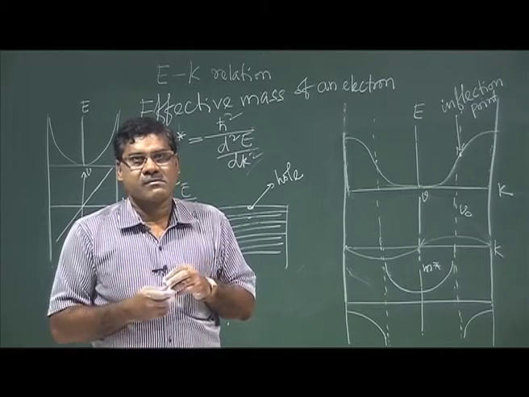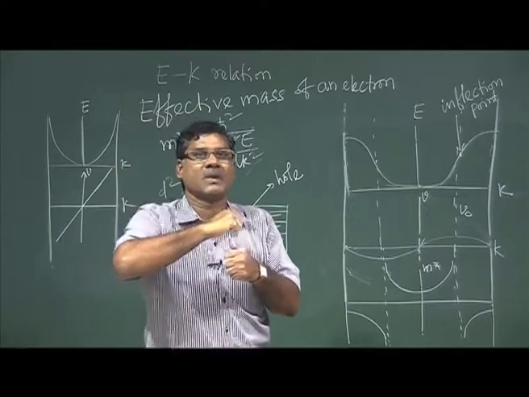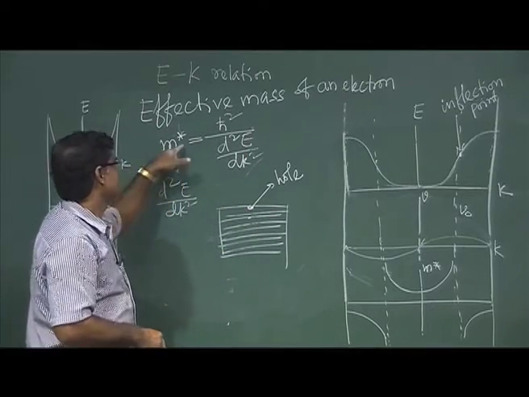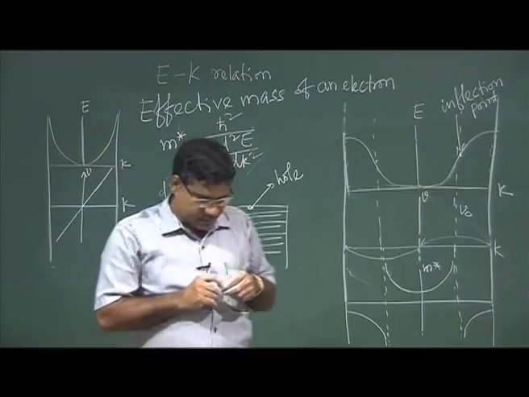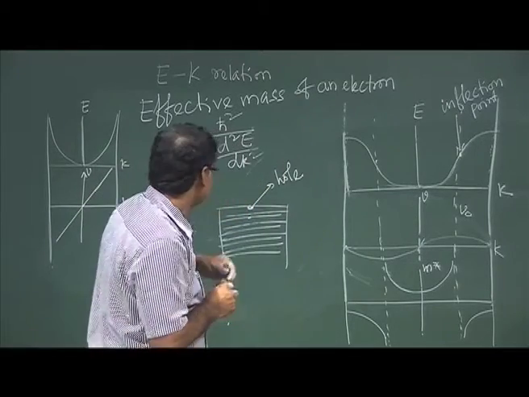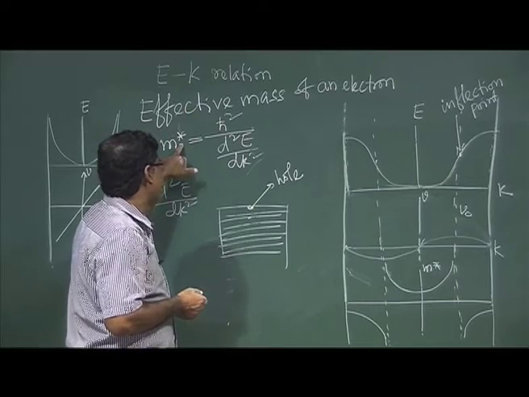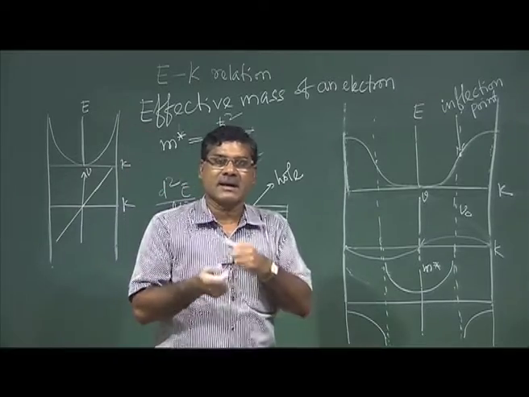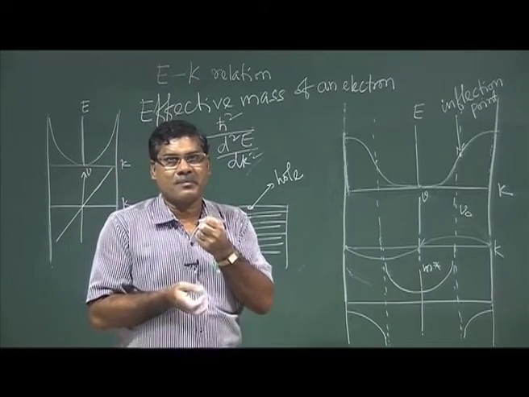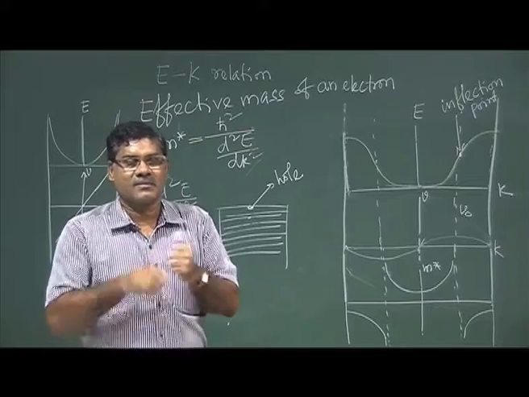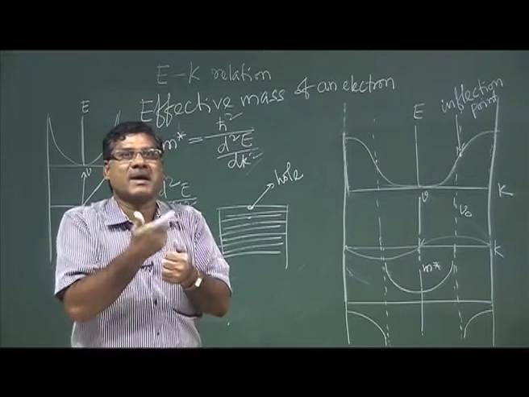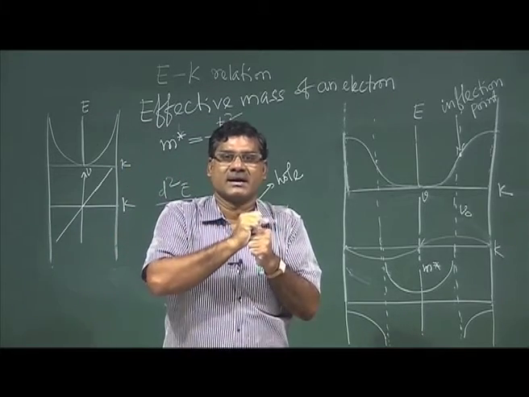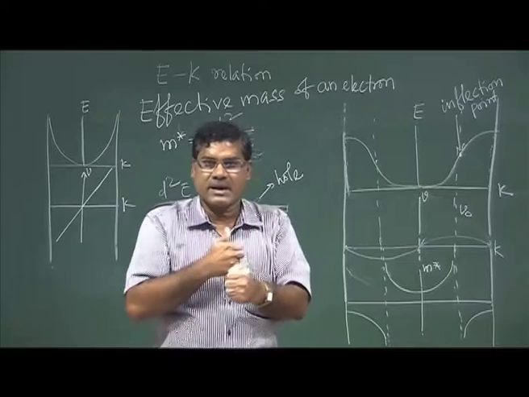Then the acceleration can also be in the opposite direction, because force is ma. If the mass suddenly becomes negative, then the force will act like minus ma, so the force will act on this electron in the opposite direction due to the negative mass.